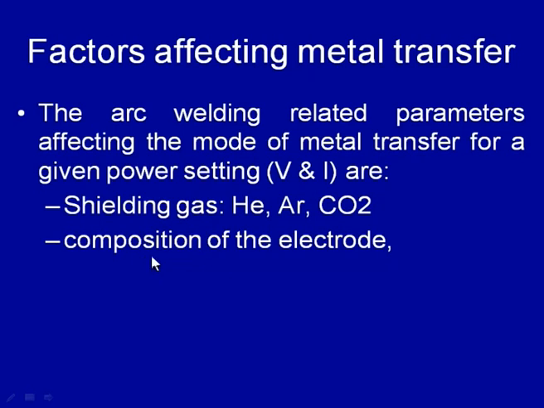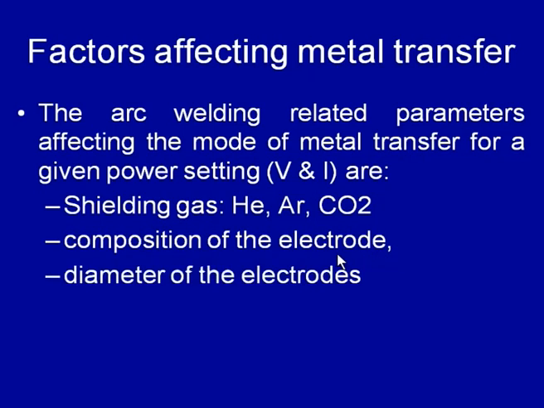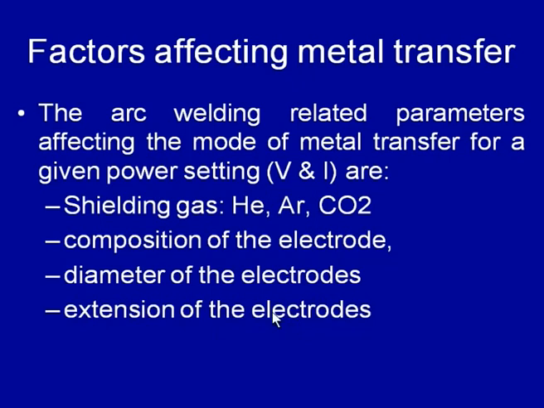And the other way by which composition can affect it is that it affects the surface tension of the molten metal. Then there is the diameter of the electrode. A large diameter electrode reduces the electrical resistance heating, and therefore, it will affect the rate of the melting of the electrode tip, and the extension of the electrode.